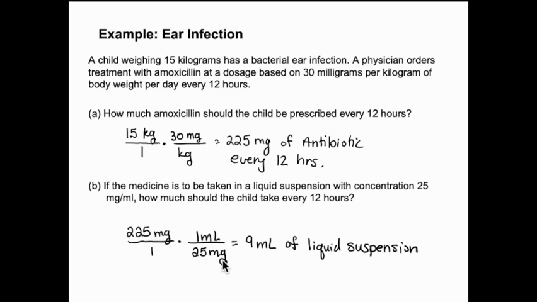And then when those are crossed off, I'm left with milliliters. I could have put milliliters on the bottom and milligrams on top. However, that wouldn't get rid of the milligrams and leave us with the milliliters of liquid. So when I multiply these 2 fractions together and I do the arithmetic, I'm going to get that we have 9 milliliters of liquid suspension.